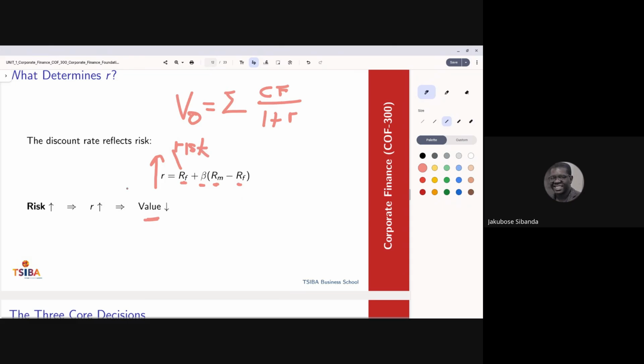The risk-free rate can be a rate that when you lend your money to the government, they give you that rate. Let's say I'm investing in a 10-year bond and they tell me that it's 6%. So I'll take that rate as 6%.